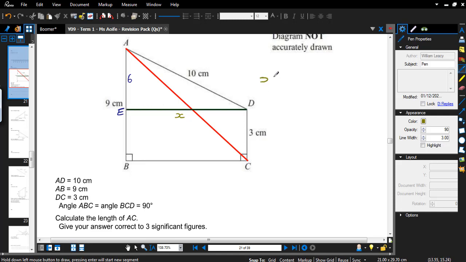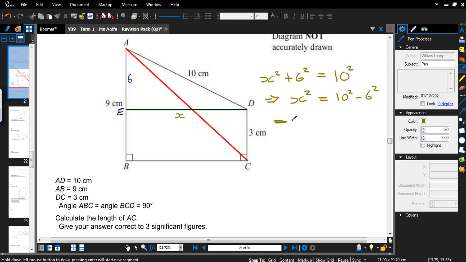So we know X squared plus 6 squared is equal to 10 squared. I know some of you can do this a lot faster, but some people mightn't understand. We just want to get X, so X squared equals 10 squared minus 6 squared.